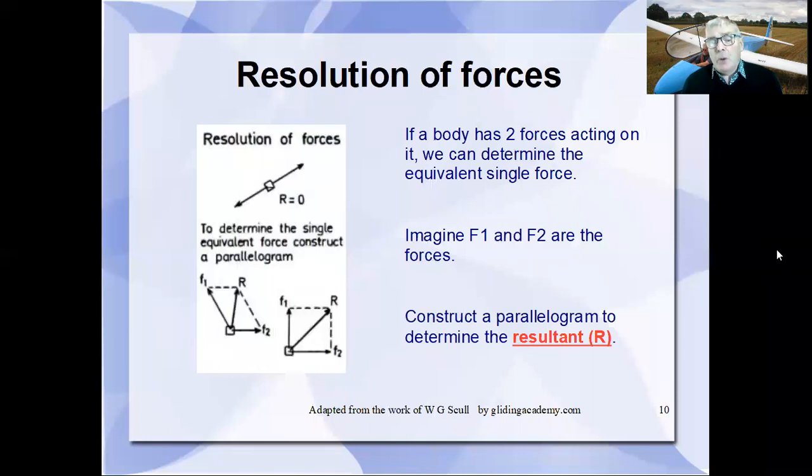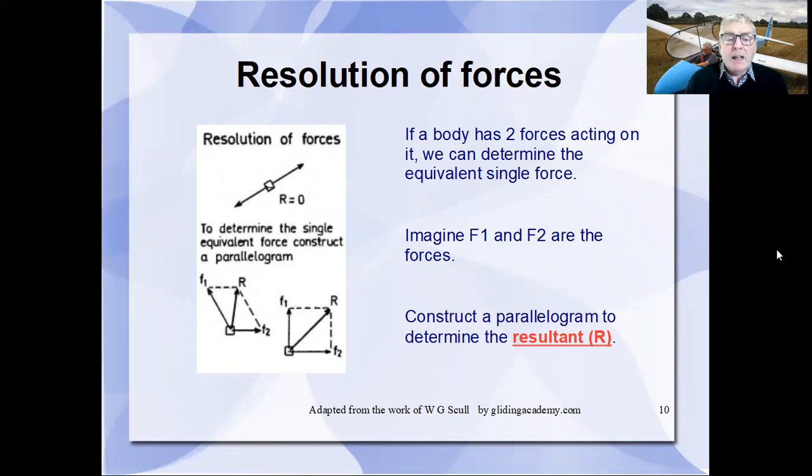Now, as you go back down to the lower diagrams, you can see that we have now introduced force 1 and force 2. And these two forces are pulling on the object, and the object will then move as a result of those two forces. It won't move directly towards F1 or directly towards F2. It'll move somewhere in between the two.